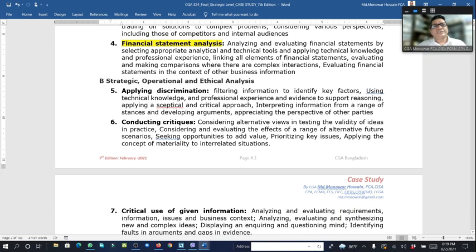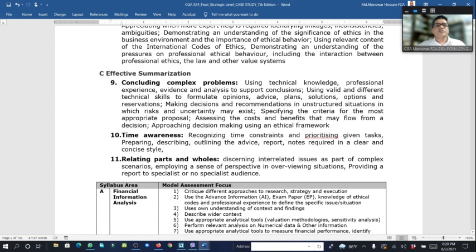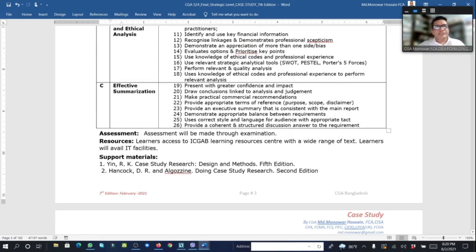And in strategic, operational, ethical analysis, the topics are applying discriminator, ethical analysis, and also effective summarization, that means concluding complex problems, time awareness, and relating parts of the whole. These are all the items within these three.